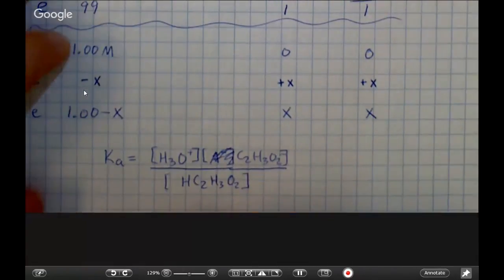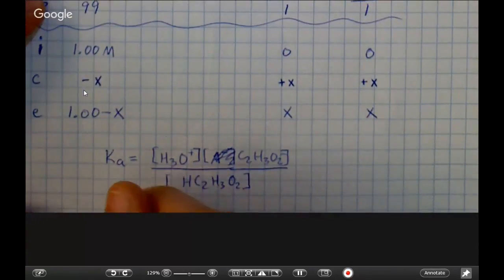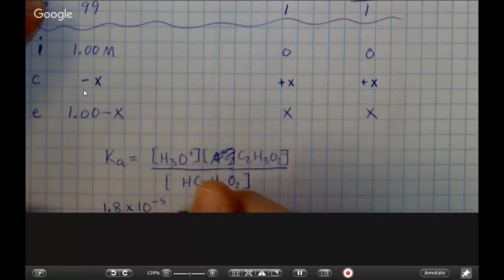And what we're doing is we're going to plug in all of our equilibrium values. And up above in the table, we saw that the Ka for this acid was 1.8 times 10 to the minus 5.